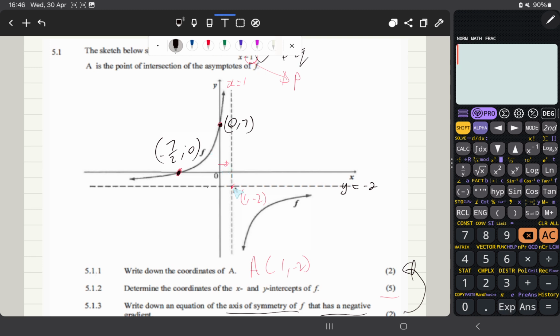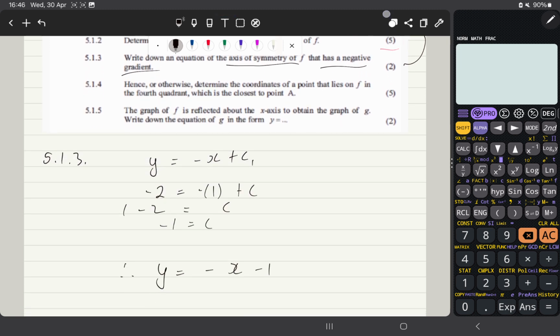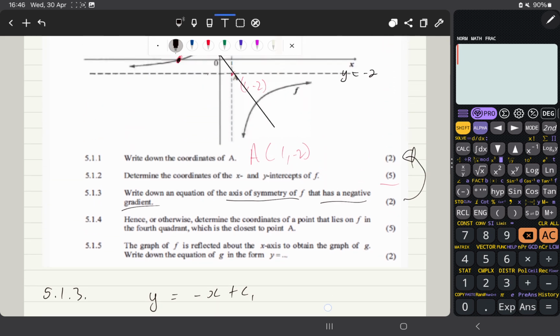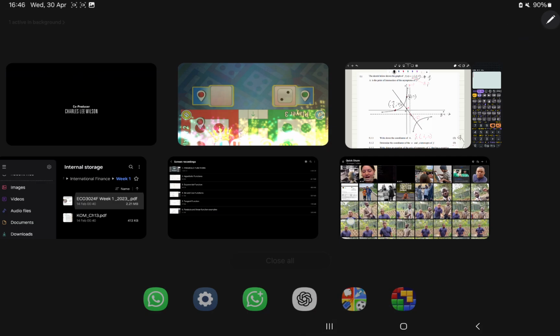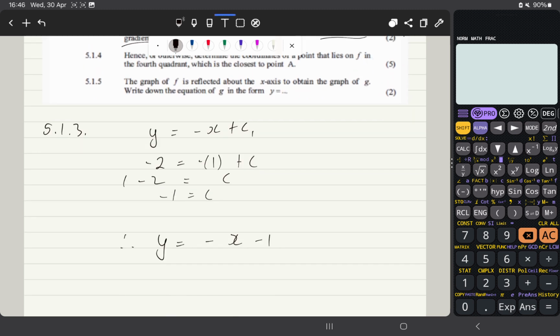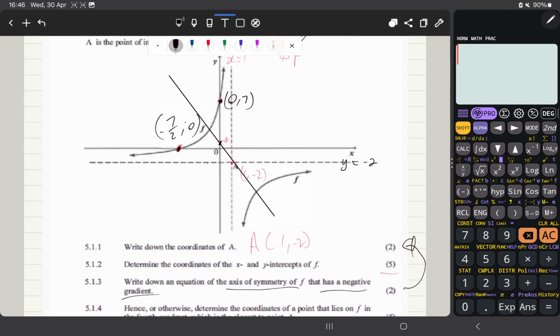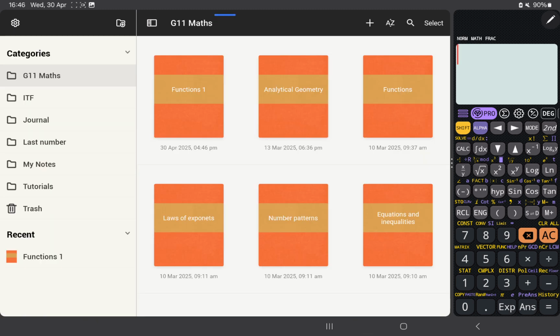It's going to be a straight line passing through these points. It's not drawn to scale, but if x is 0, then y is minus 1, so it must cross somewhere here.